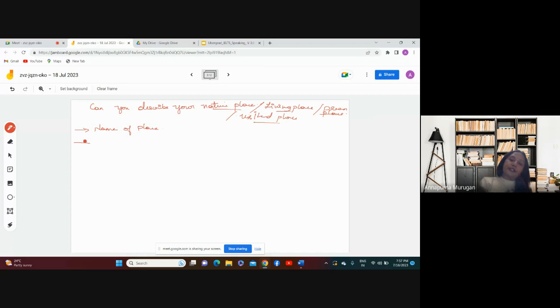Then, immediately after location, talk about its climatic and weather conditions. After climatic and weather conditions, you can talk about infrastructure. Whether it is a hill station, town, city, how the roads are, what kind of schools, colleges, universities, hospitals, everything, how the modern facilities are, you can describe here.